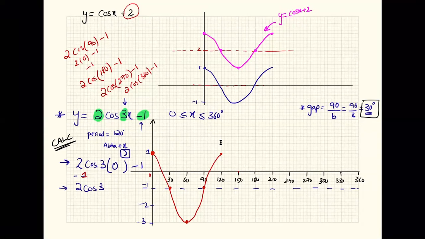So the next point is at 150, sorry, at 150 it is going to come back to this position, फिर 180 पे it's going to go down, 210 पे ऊपर, फिर 240 पे 1, so that is going to be the second cycle. And similarly the third cycle would look like this.